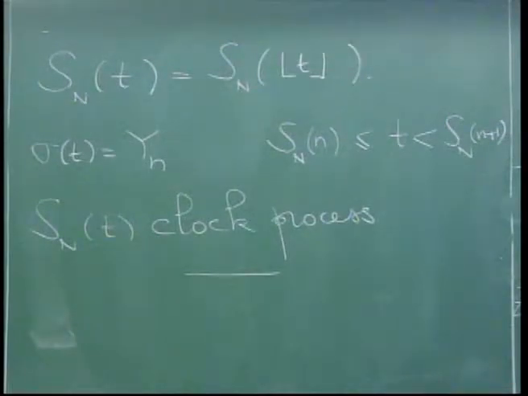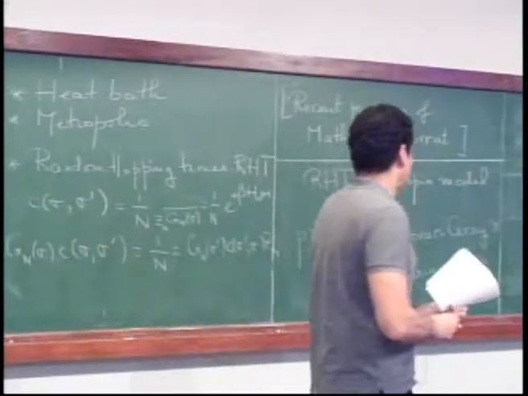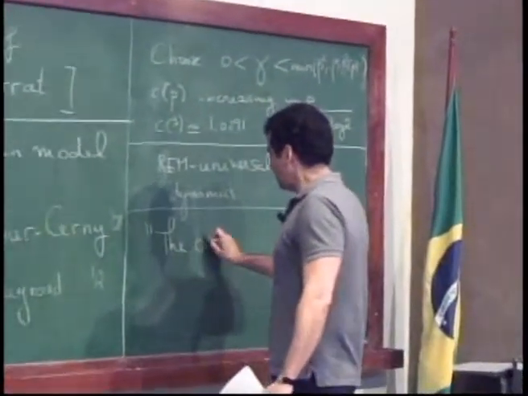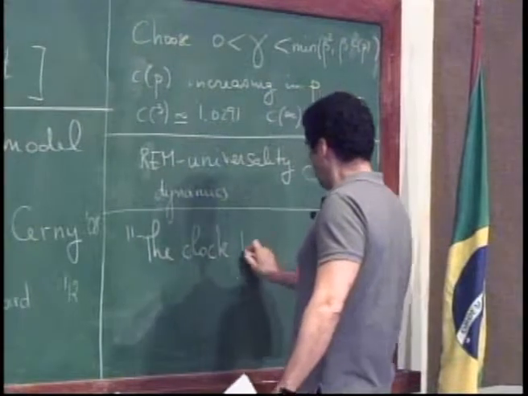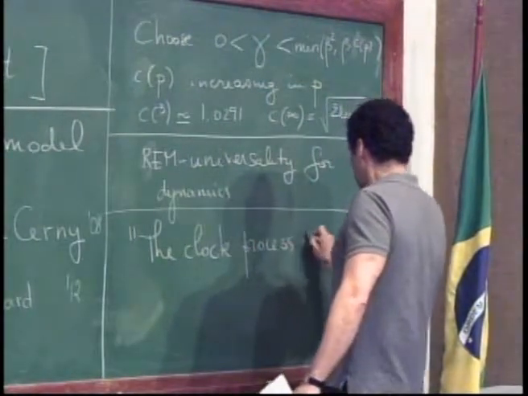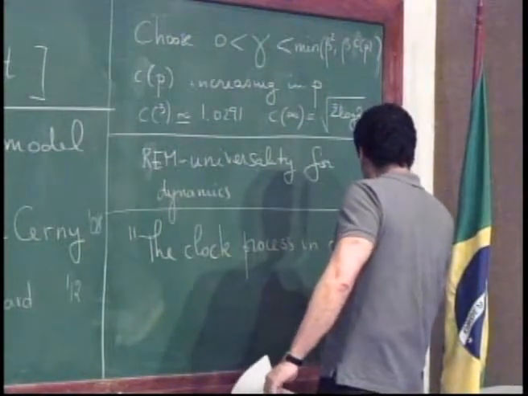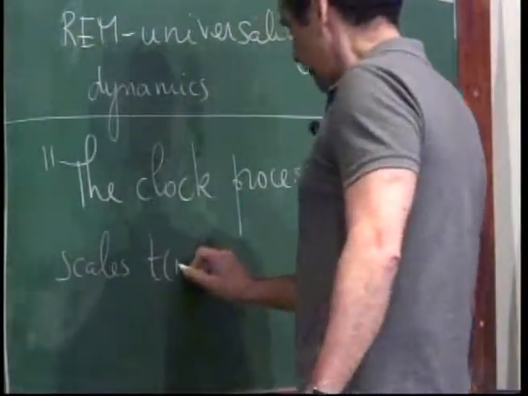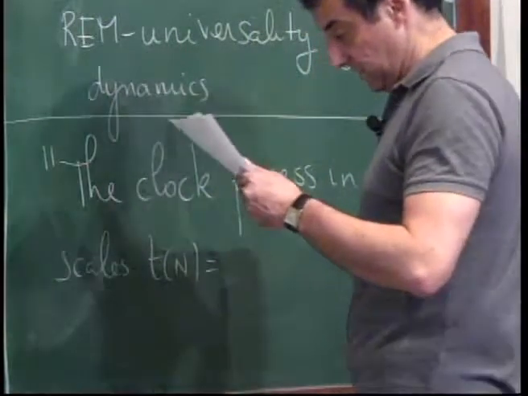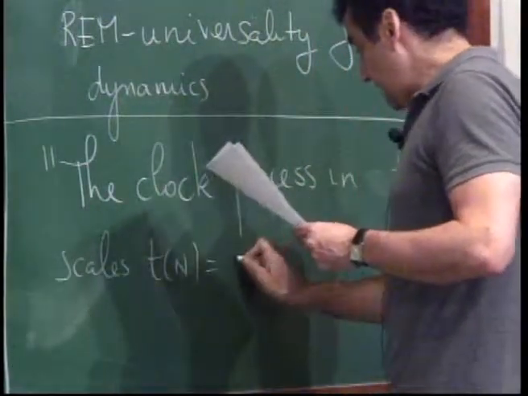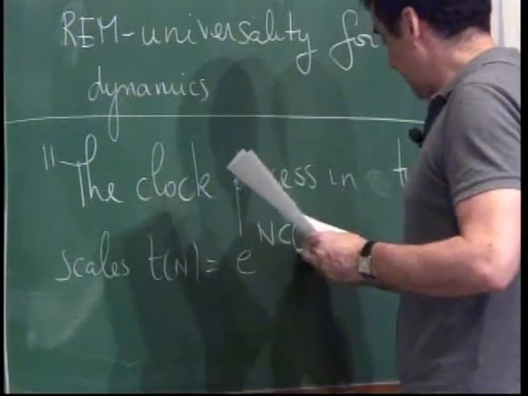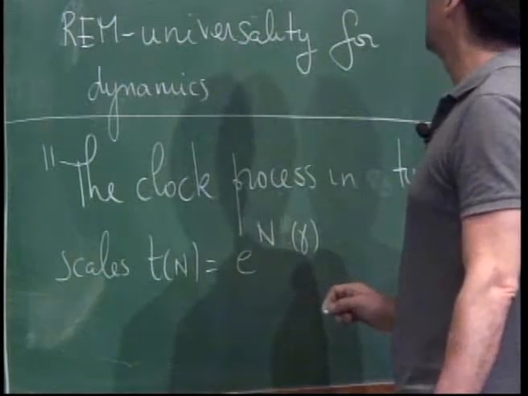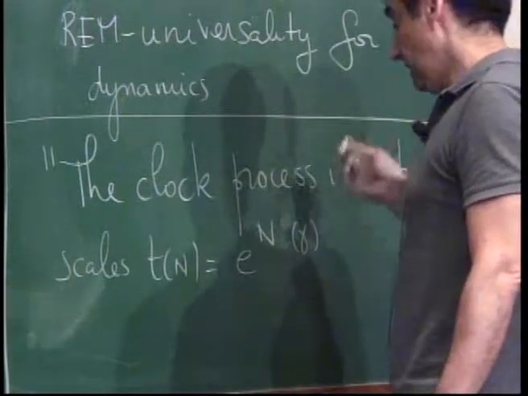All right? So the result here is, in words, and I will take quite a while to explain this: the clock process, in time scales T of n equal, so I have to be clear here, something like exponential n c of gamma, not c. That's why there was a zeta there.